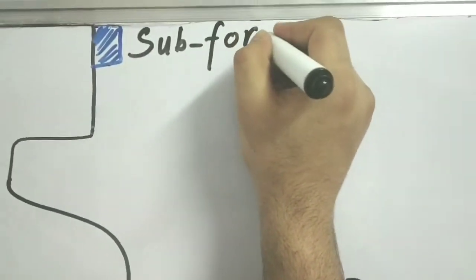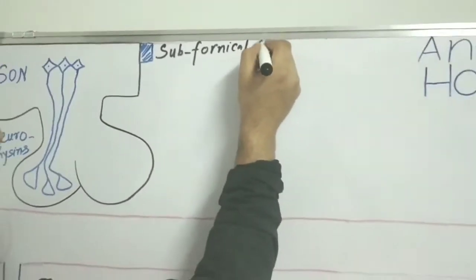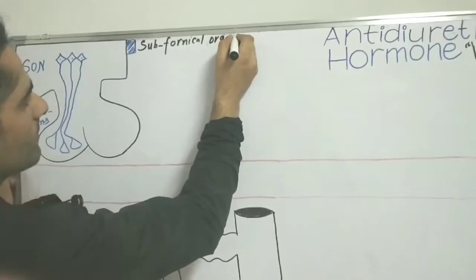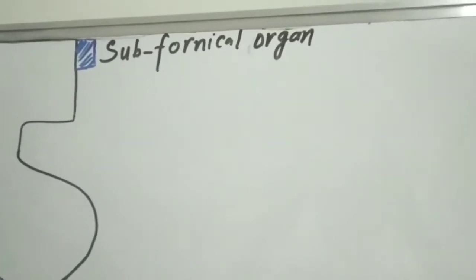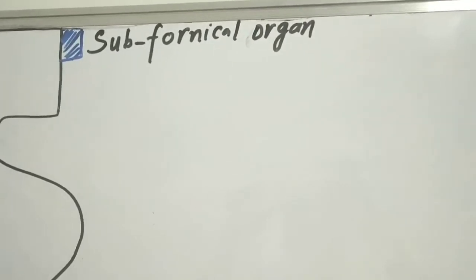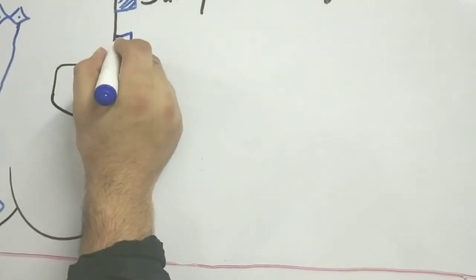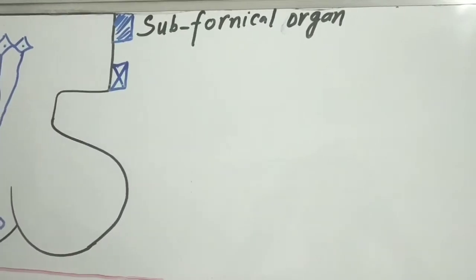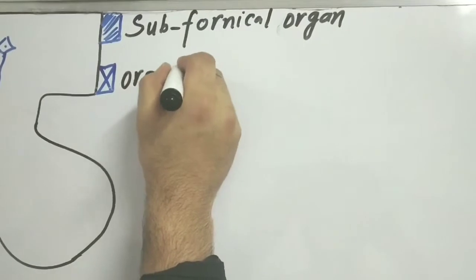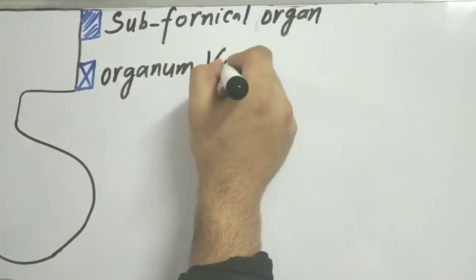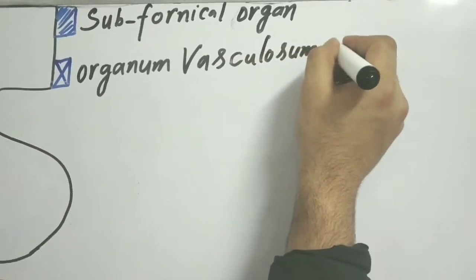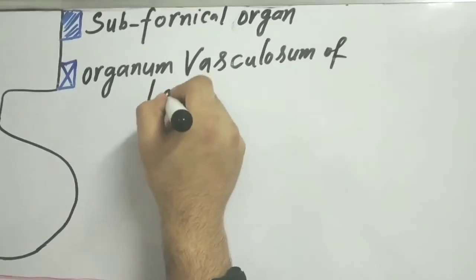There is another area which is known as the organum vasculosum of lamina terminalis.